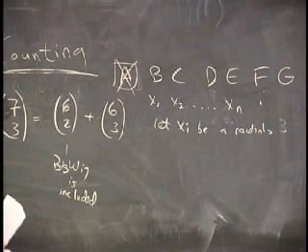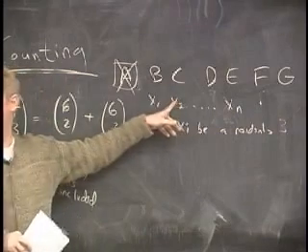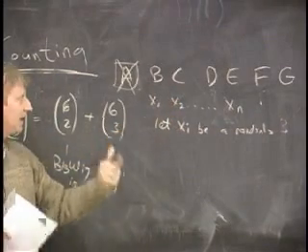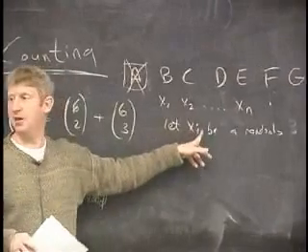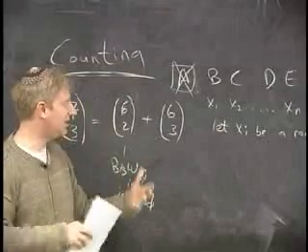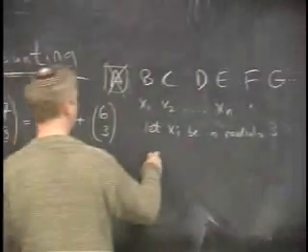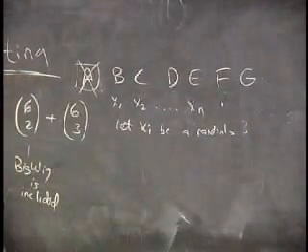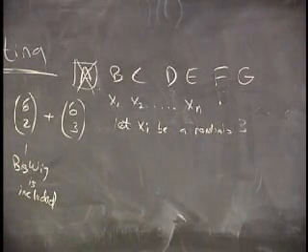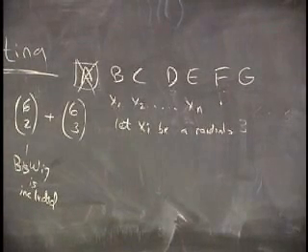Then I claim the number of ways to choose k things from here is divided into 2 subsets: the subset that contains xi and the subset that doesn't contain xi. The subset that contains xi, how many ways are there to do that? There's n minus 1 things left, and I have to choose k minus 1 of them.